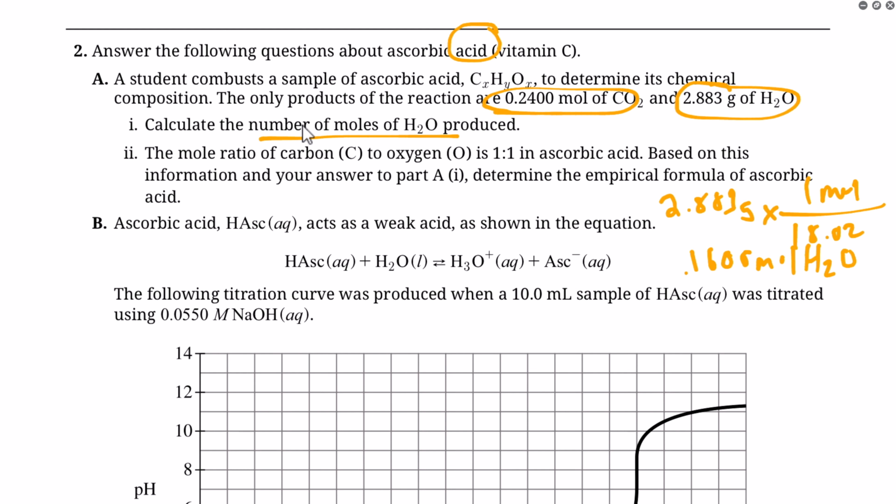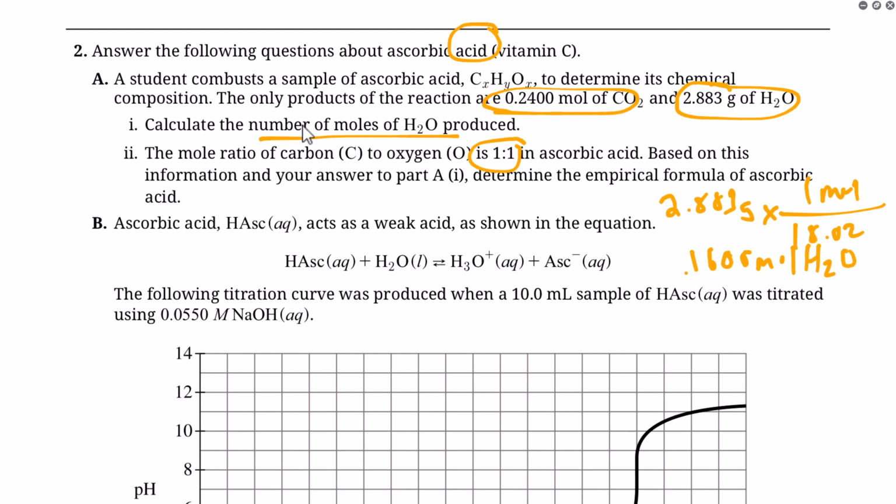All right, part 2 here says the mole ratio of carbon to oxygen is 1:1 in ascorbic acid. Based on the information in the answer to part A, determine the empirical formula. So we have our information that the moles of carbon to moles of oxygen in ascorbic acid is 1:1.